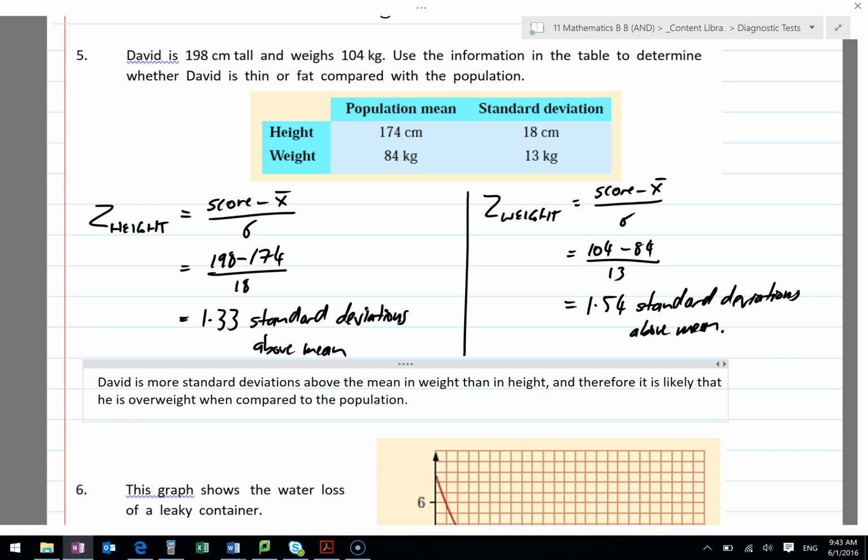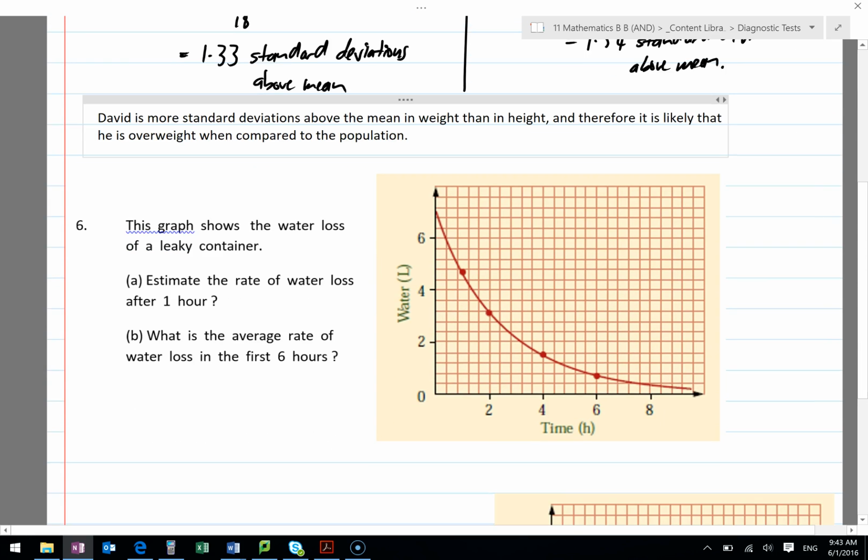Overweight because he's better at being heavy than he is at being tall, assuming that he's not a bodybuilder or anything like that.